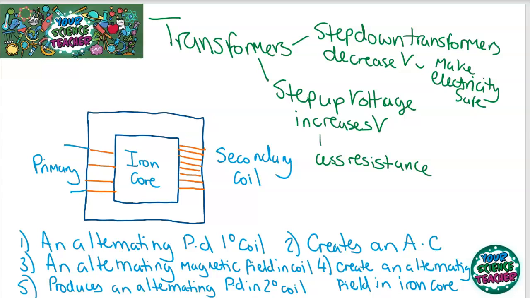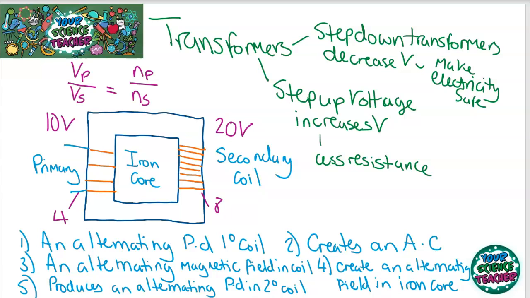Which, if it is in a complete circuit, which it most likely is, that will mean that you have a current flowing as well. Now, you might have noticed in this transformer that I've drawn here, I have 4 turns in my primary coil, and I have 8 turns in my secondary coil, which is twice as many. So if the voltage here was 10 volts, that would mean the voltage in my secondary coil would be stepped up to 20 volts, as I've just doubled the amount of coils.